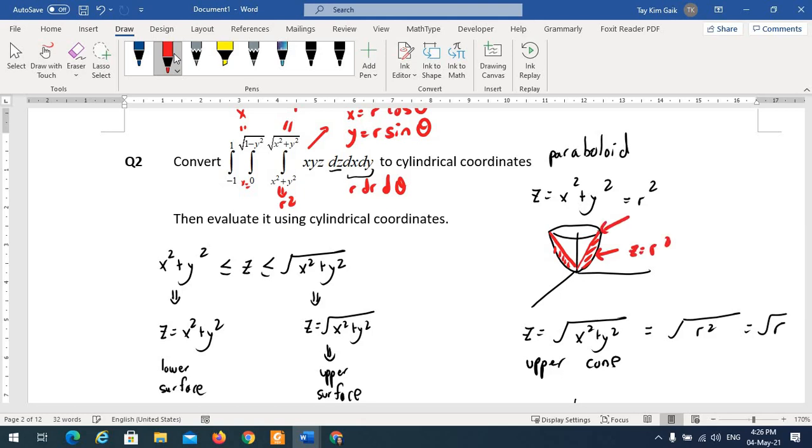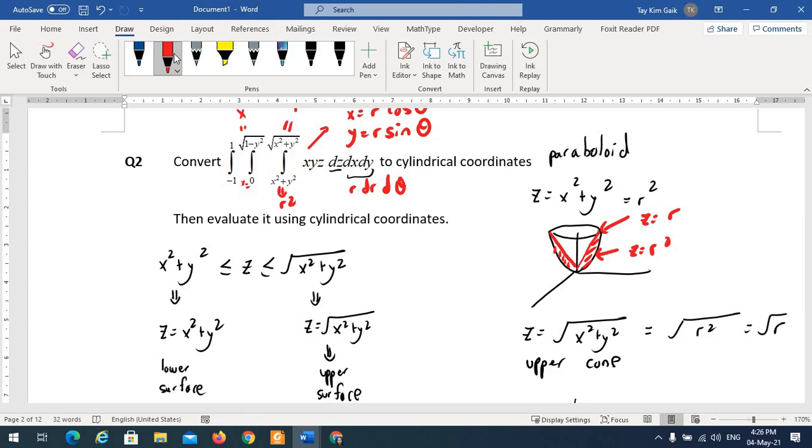The upper is z equal r. The solid is bounded at the bottom by the paraboloid and at the top by the cone, and the paraboloid and the cone intersect at z equal to 1.